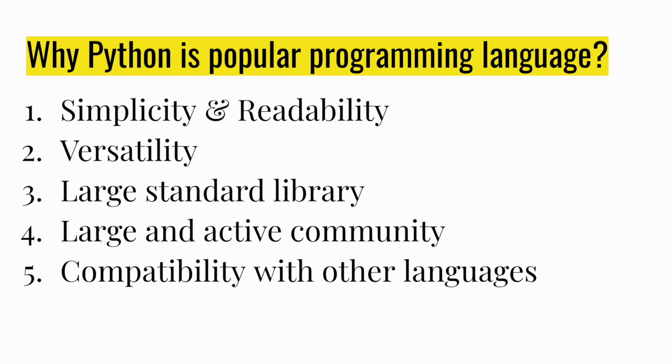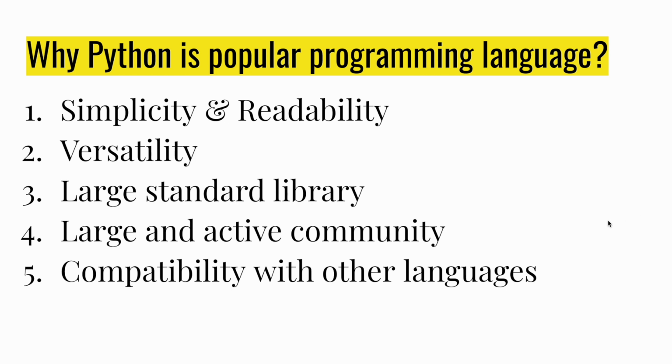Last, compatibility with other languages. Python is compatible with many other programming languages, which makes it easy to integrate with existing systems and workflows. This can particularly be useful for organizations that already have a large code base in another language. Overall, Python's simplicity, versatility, and large community of users make it a popular choice for many types of programming projects.